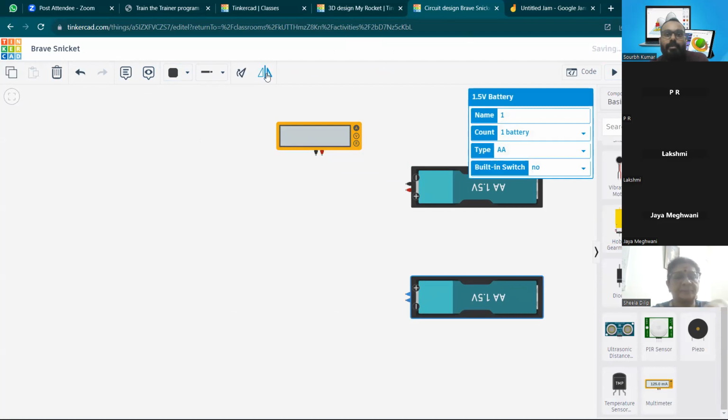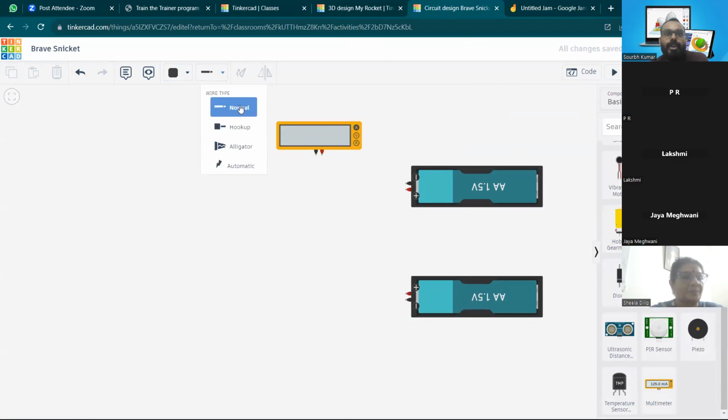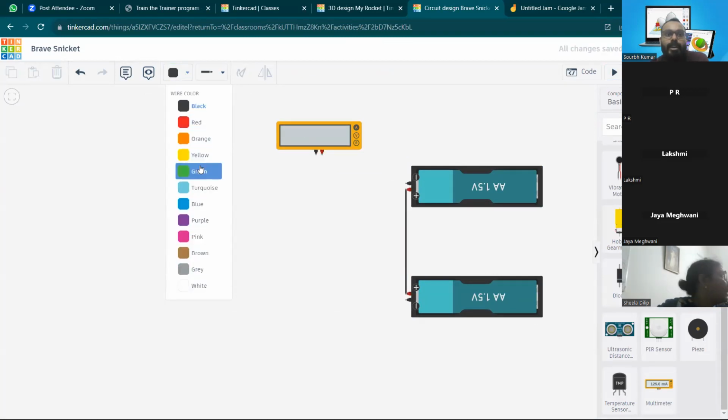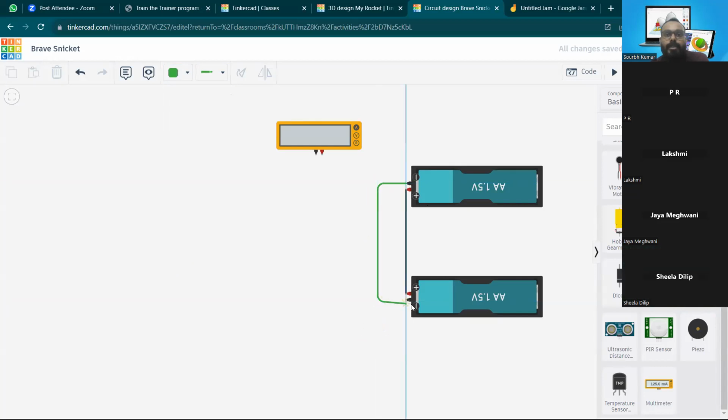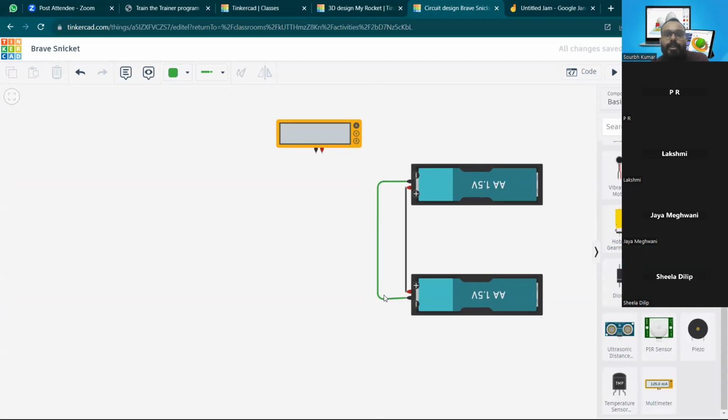Let me rotate, mirror this battery so that the positive end will come on one side. And again, I'm connecting the positive to positive, and I'm taking another wire to connect the negative of the battery to the negative of another battery. So now we connected the batteries in parallel. So let's see what happens.